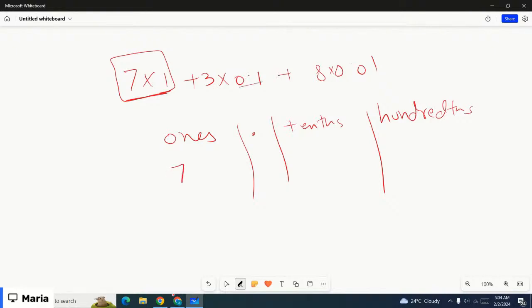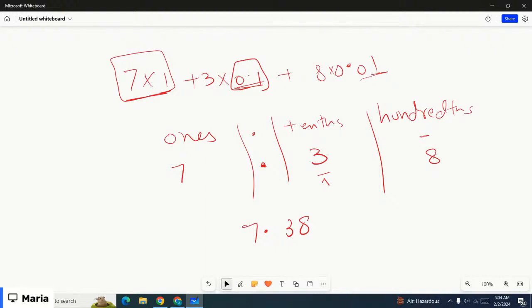Then 3 times 0.1 tells you that is the very first digit right after the decimal point, so that would be 3. And then 8 times 0.01 tells you that is the hundredths digit, the digit that must be on the second place value right after the decimal. So here is the decimal, this is the first place value, and this is the second place value. Here you have 8. So the number they make is 7.38.